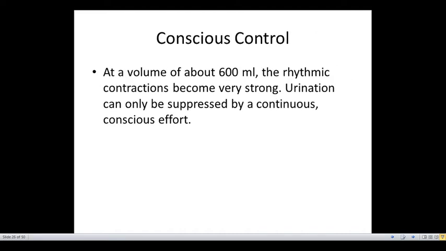At a volume of about 600 milliliters in the urinary bladder, the rhythmic contractions become very strong. Urination can only be suppressed by a continuous conscious effort. And this conscious control has a certain limit.